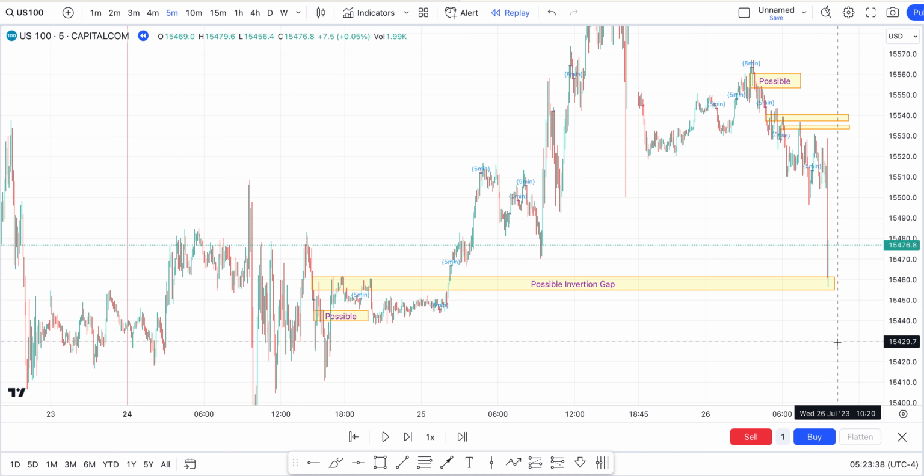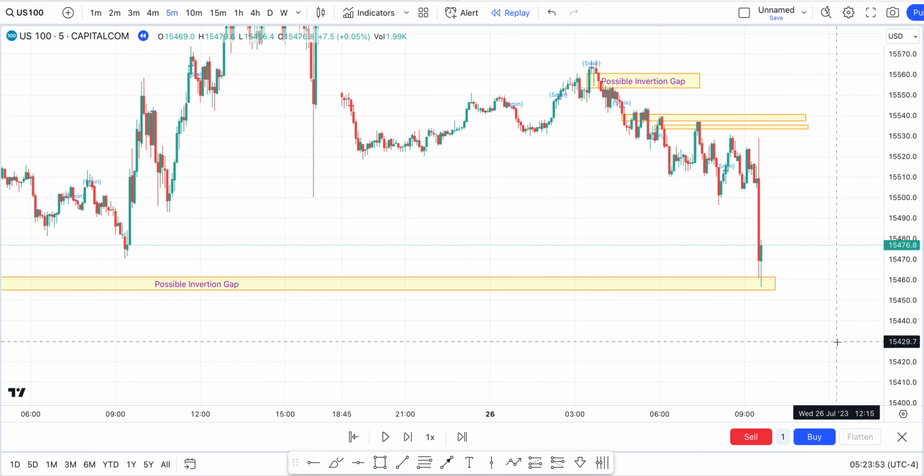I think, yeah, this will be the last day, so I'll do then Monday, Tuesday, Wednesday. Monday to Wednesday. And look at all the 5-minute perfection fair value gaps.